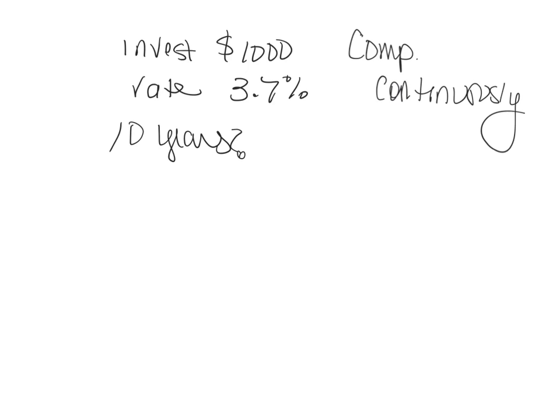The rate is 3.7%, and I want to know how much will be in the account after 10 years. So we're going to use A = Pe^(rt) because it's compounded continuously. My principal is $1,000, e, my rate is 0.037, and 10 years. So you're going to plug that in your calculator and get a nice number.